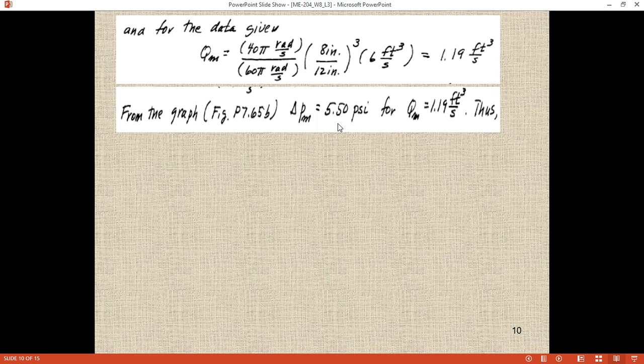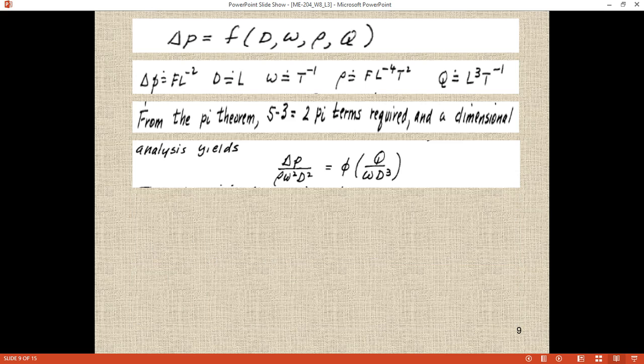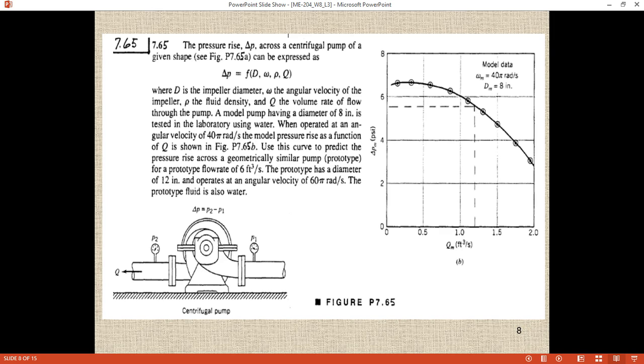Let's look once again at this chart. 1.19 is somewhere here. 1.19 means 1.2, sorry about that.